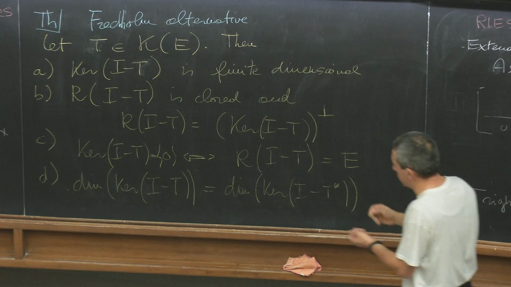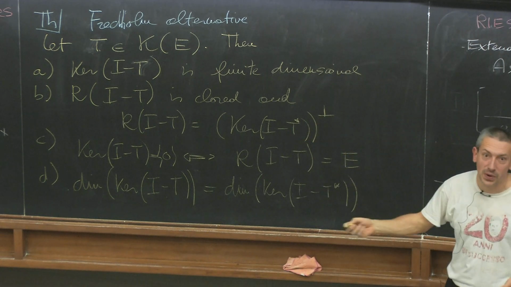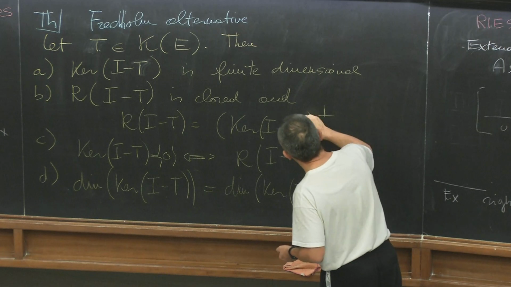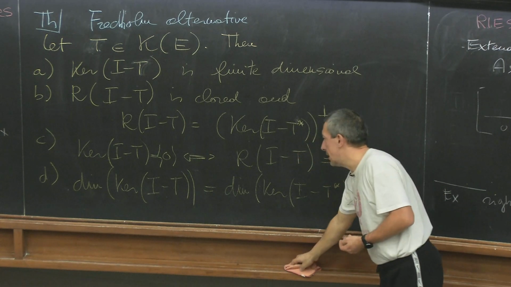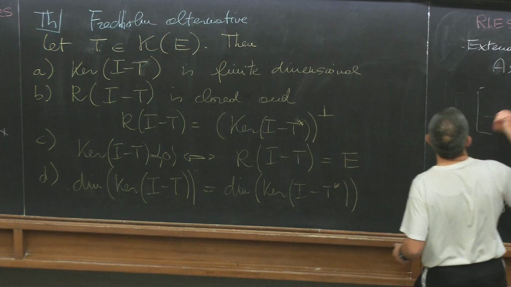Yes, of course, because the orthogonality relation is always given in the duality. Okay, so part A is easy, and then we discuss a little bit about this relation here. Okay?